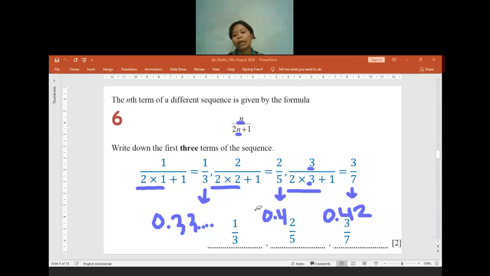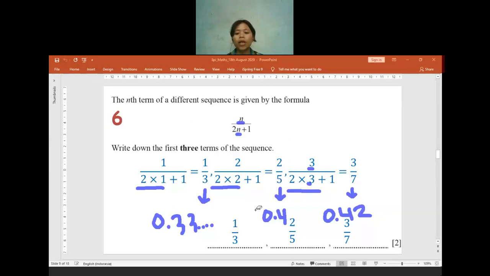You will not waste your time, because if you want to find the decimal, you have to divide 1 by 3, or 3 by 7, and you will need more time. You can just keep it as a fraction, because the question did not mention whether to show it as a decimal or a fraction. It will be up to you.